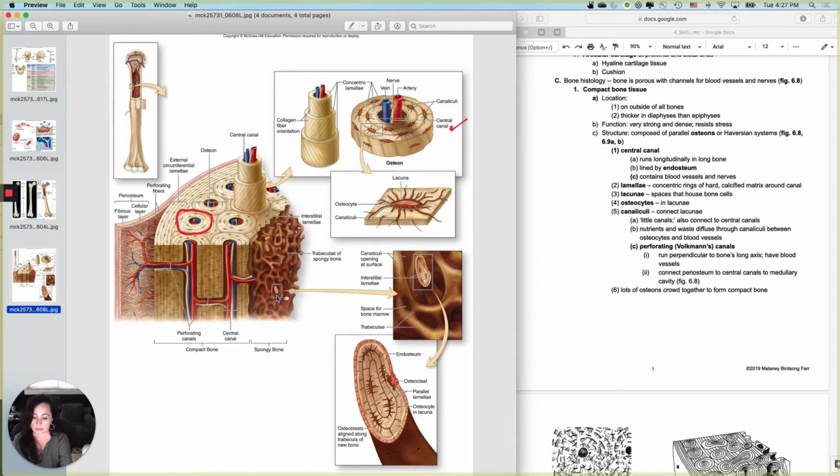The central canals are lined by endosteum as well. I told you pretty much all of the internal structures of bone. Okay, and then what I have like from here to here is a layer of bone matrix, and a layer of bone matrix is called a lamella. Plural is lamellae, okay, and that's Latin for layer.